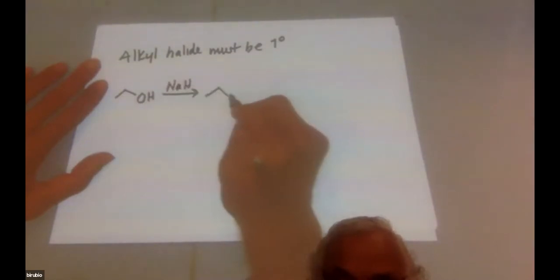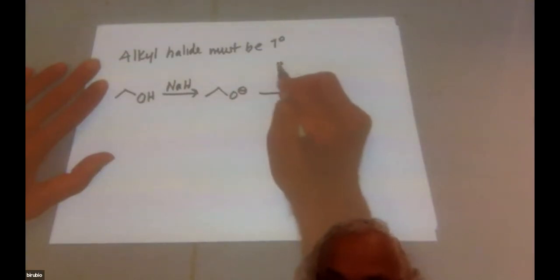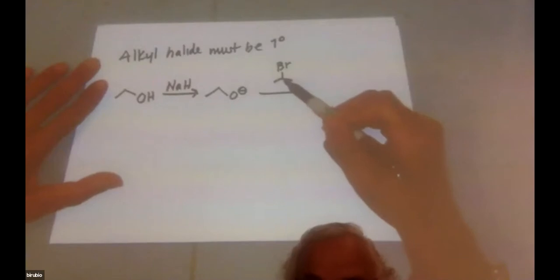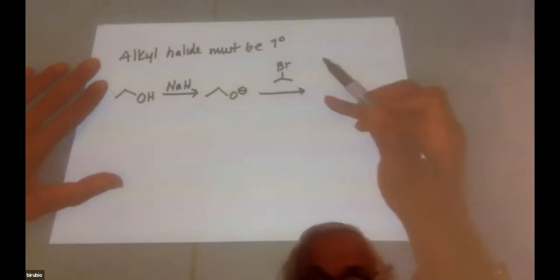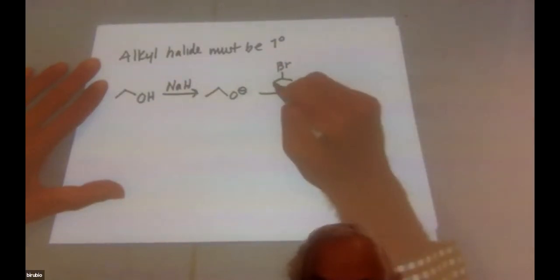So there's a primary alcohol, that's okay. We react that with sodium hydride, we get this alkoxide, but now let's feed that some secondary alkyl halide. Well, now the secondary center is just too crowded. And this guy, he's a nucleophile, but he's also a base.